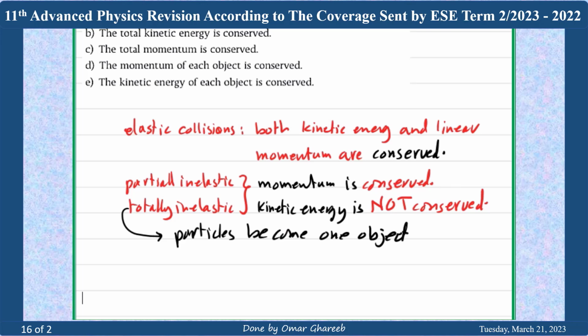They are merging with each other to make a new object. Partially inelastic means the particles or objects remain separated.